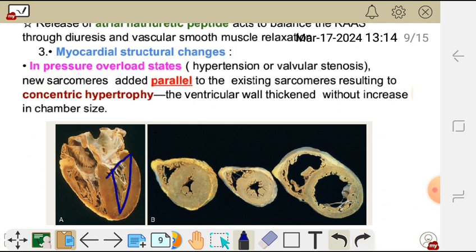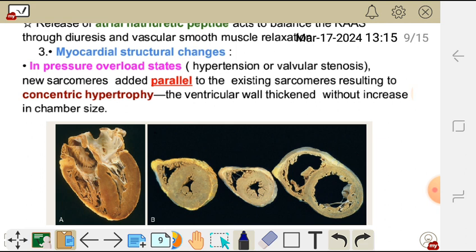But as a compensation, since we have a higher pressure, especially in the aorta, the heart has to pump blood with higher pressure than that which is in the aorta. As a result, the sarcomeres will be added parallel to each other, and that will cause hypertrophy of the heart muscle.